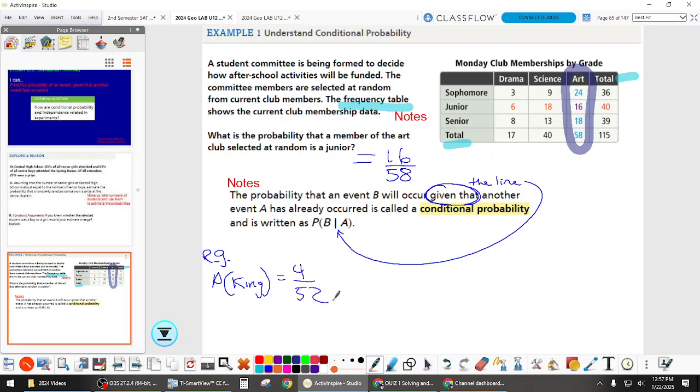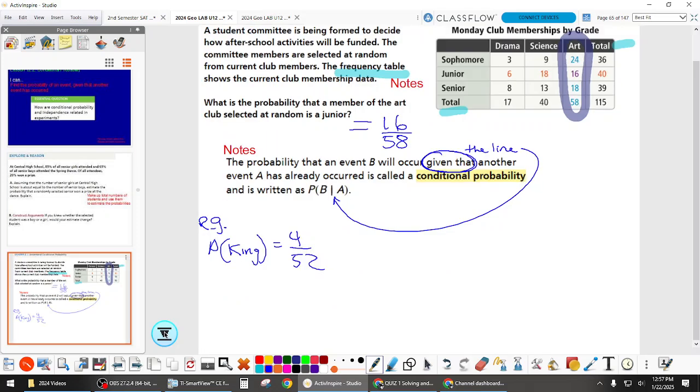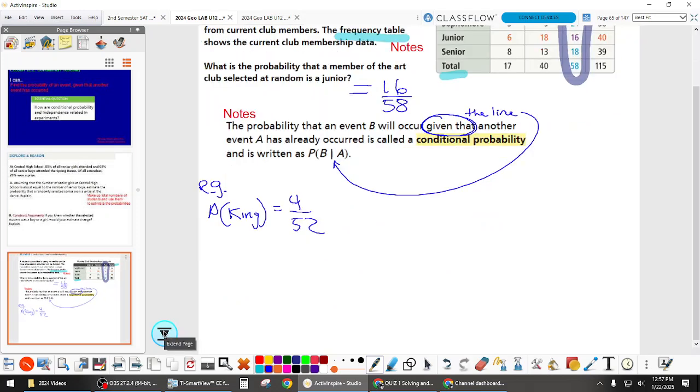It's 4 out of 52. There's 4 kings out of 52 cards. Okay, so what we're going to see is this change. What's the probability of drawing a king given that, so that line, I know it's weird, but that's what it says, given that Hayden drew a king already.